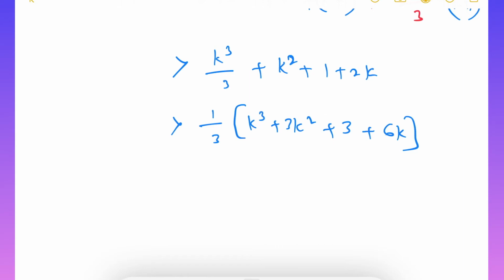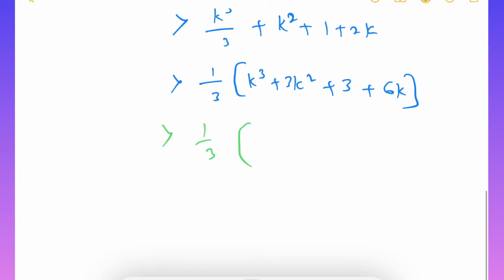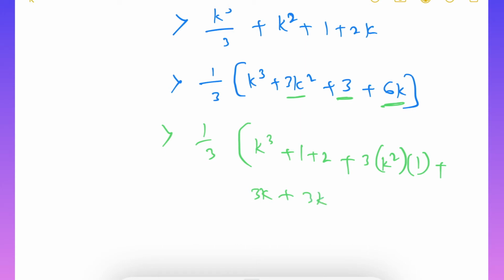Next, greater than 1 by 3 into k cube plus 3, I will write it as 1 plus 2, plus 3k square, I will write it as 3 into k square into 1, plus 6k, I will write it as 3k plus 3k.